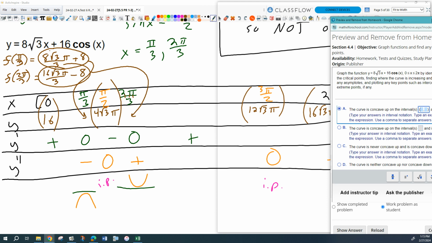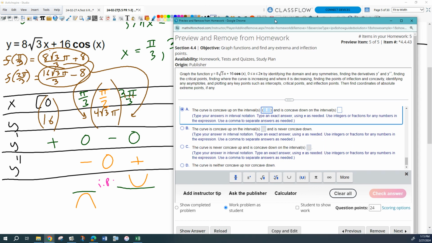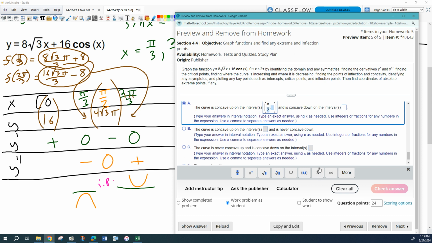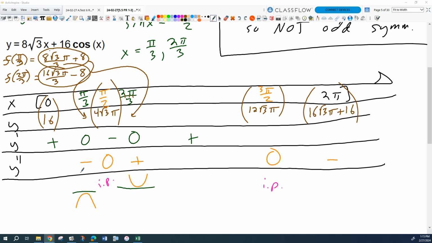Between the zeros of the second derivative. Oh, we can include 0. So when is it concave down? It's concave down wherever the second derivative is negative. So on that negative interval there, and that negative interval there. So 0 to pi halves or 3/2 pi to 2 pi is where it's concave down.